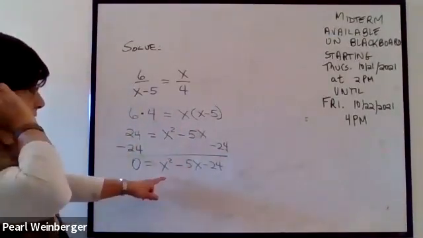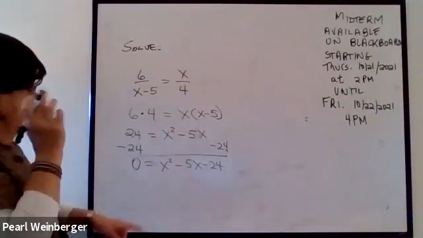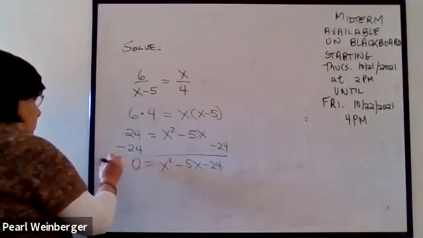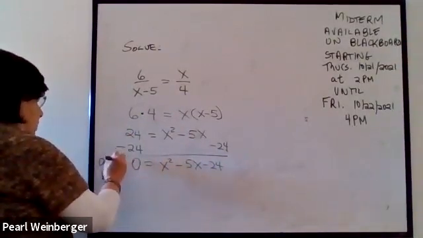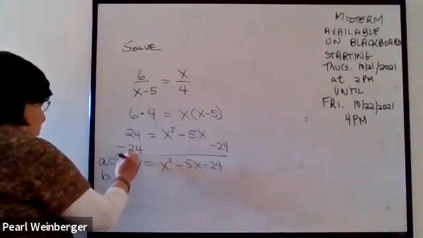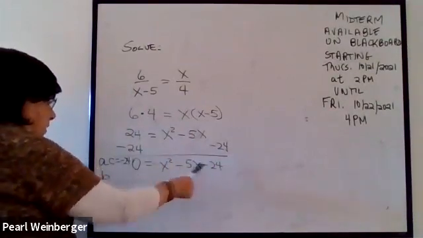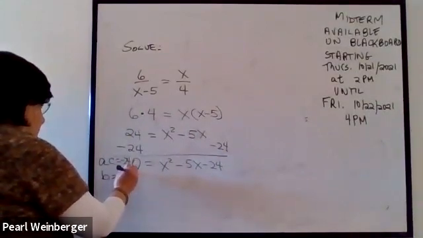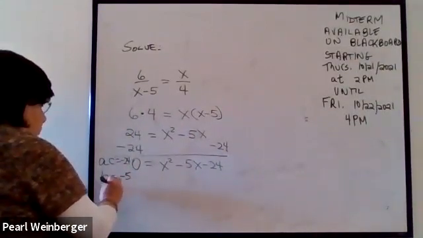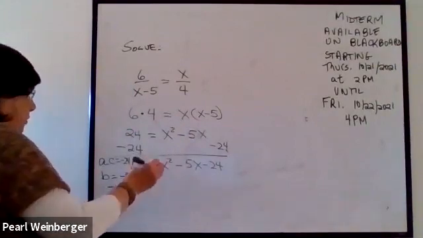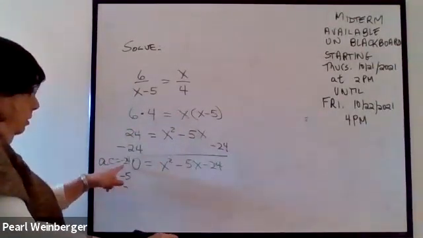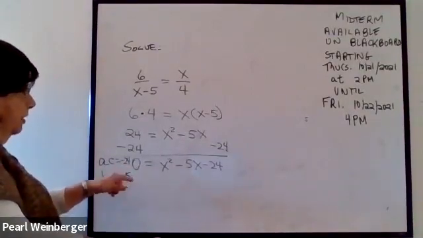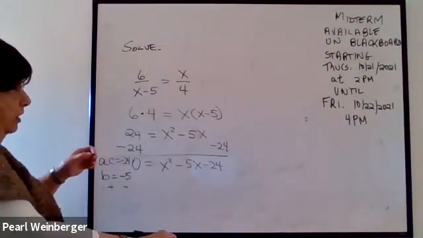And we have to factor this. It's a trinomial. And therefore, I'm going to use my AC method. My AC is negative 24, because this is 1 times negative 24. My B is negative 5. So I'm looking for 2 numbers, one obviously positive and one negative, that multiply to negative 24, but when we combine them give me negative 5.